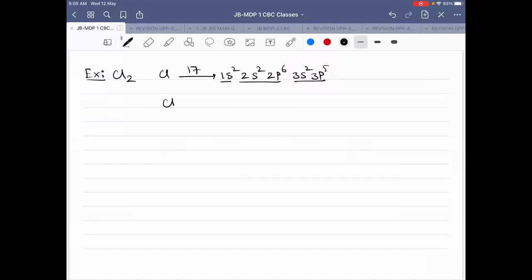Now I will write it as Cl with the valence shell electrons 1, 2, 3, 4, 5, 6, 7. How many electrons is it deficient to reach the octet configuration? That is 8 electrons. Octet configuration is the configuration of noble gases.